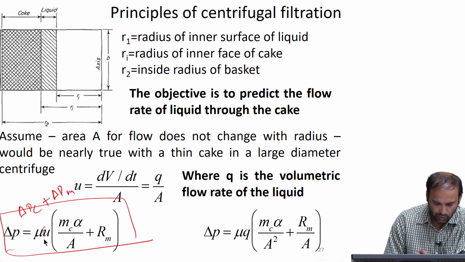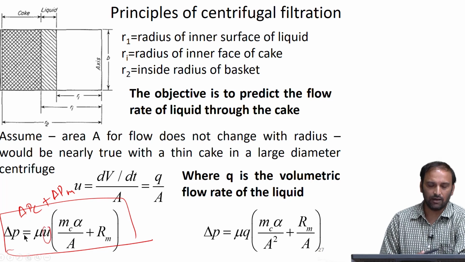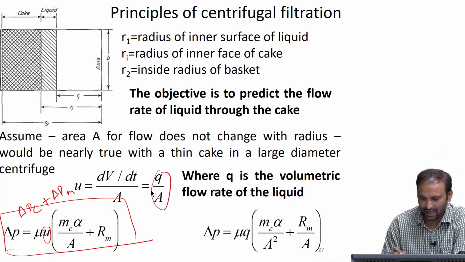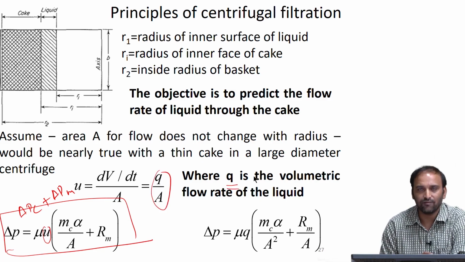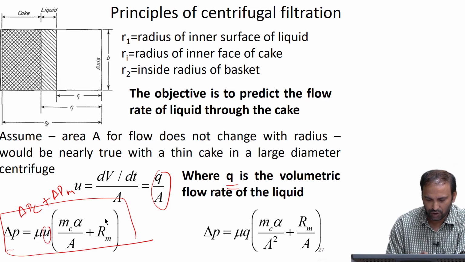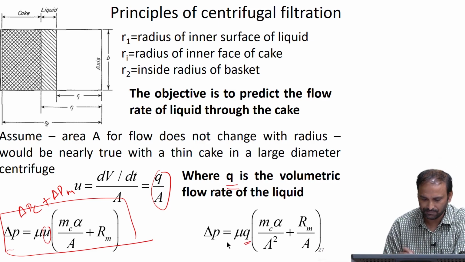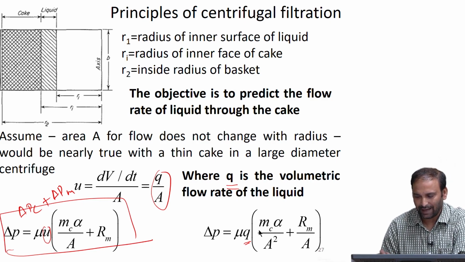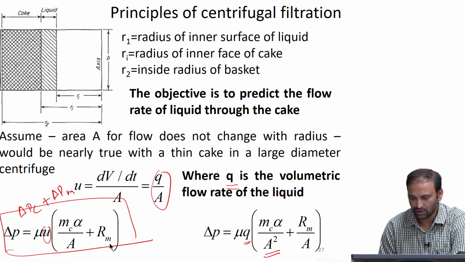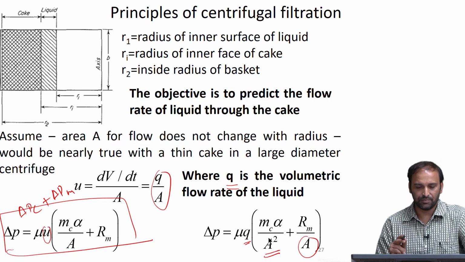And this u, the superficial velocity with which the filtrate is flowing, we are going to write as q by A, where q is the volumetric flow rate of the liquid. So, essentially I have replaced u by q divided by A, and taking A into the parenthesis, I have A square here, and of course I have divided by A that comes into the picture.